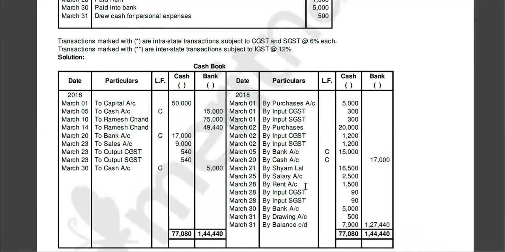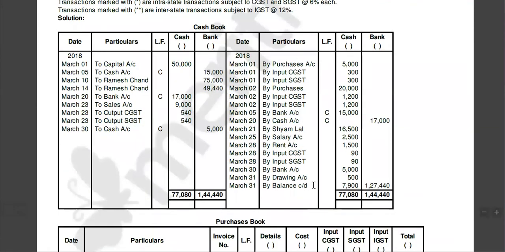See the balance carried down. Balance carried down plays the role of credit side. So this carry down will follow to the next year brought down. This year closing balance is called next year's opening balance.